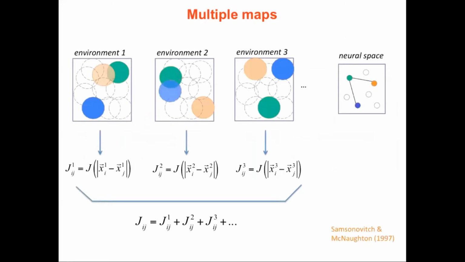Remember the model we used, which was introduced by Samsonovich and McNaughton, where we have a prescription about the synaptic interaction matrices, which correspond to some matrices I'm building from the relative distances, the relative position between the place fields of the different place cells in the different environments.